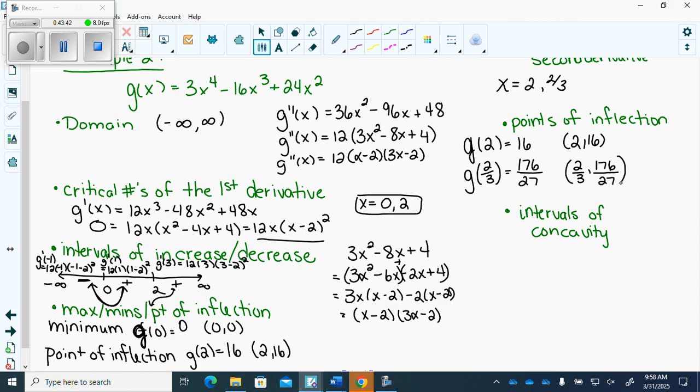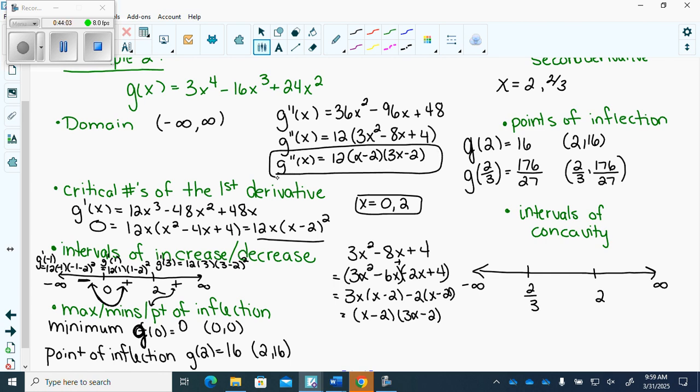Then we have to do a number line with our inflection changes. So we have 2/3 and then 2, negative infinity, positive infinity, and we have to plug in values into g double prime. So say I'm going to pick 0, 1, 3.